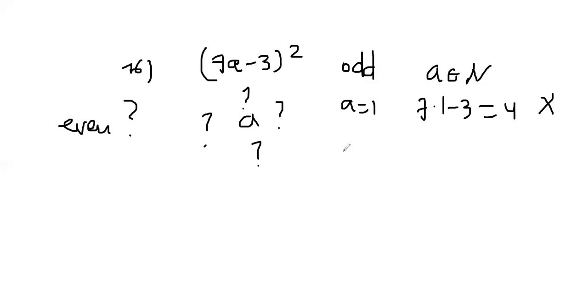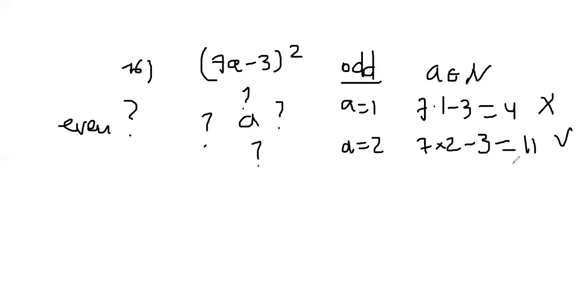Now let's take a equal to 2. When a is equal to 2, 7 times 2 minus 3 is 14 minus 3, which is 11. So it corresponds to what we are looking for, because the result should be odd. 11 squared is odd.